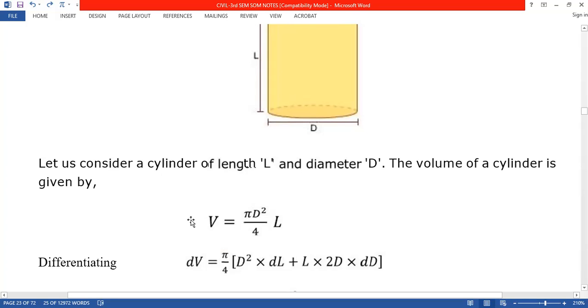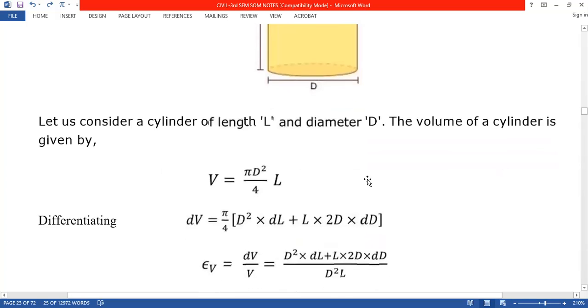So how will you calculate the volume? Area into height.